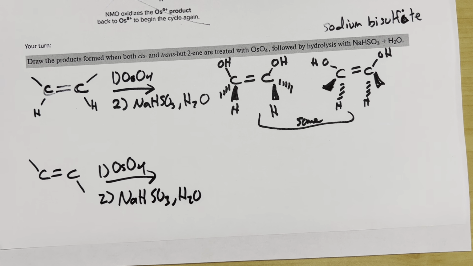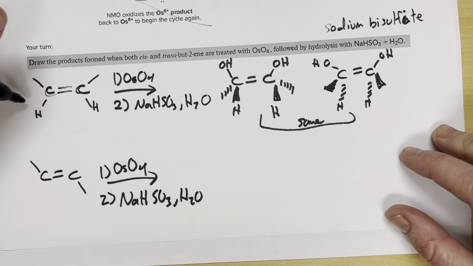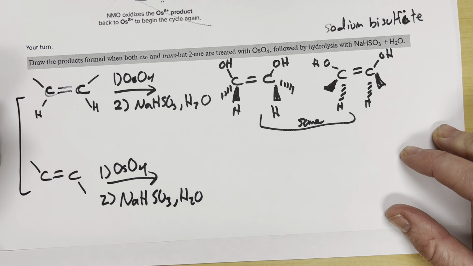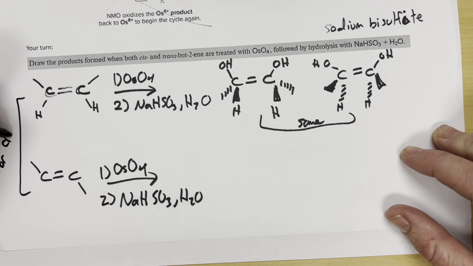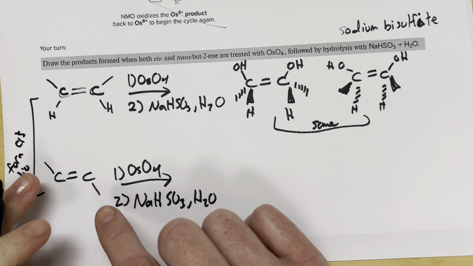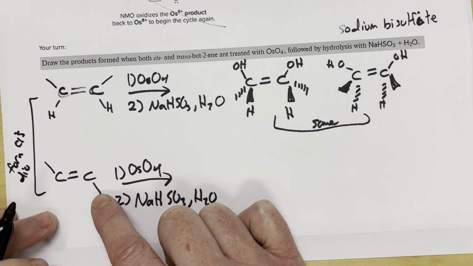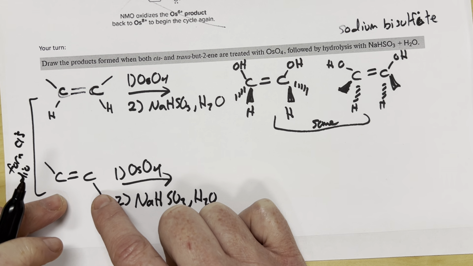In this situation, this is always going to form cis diols. Both of these will form cis diols. The only way to get this to form a cis diol is to twist this one down, if that makes sense. So this will end up being twisted down.